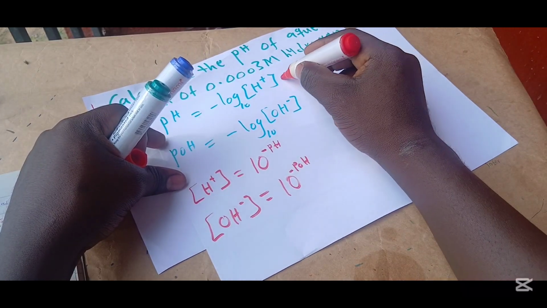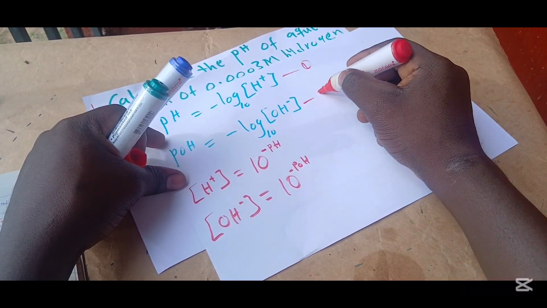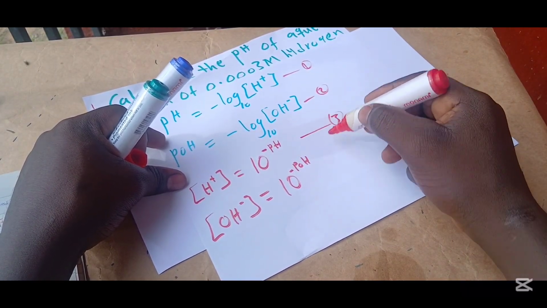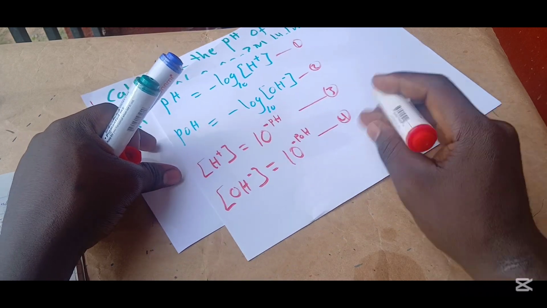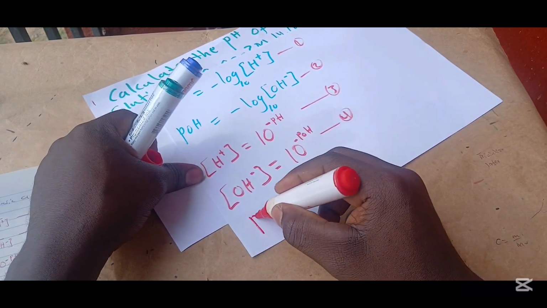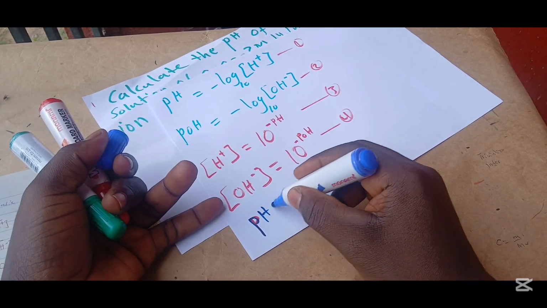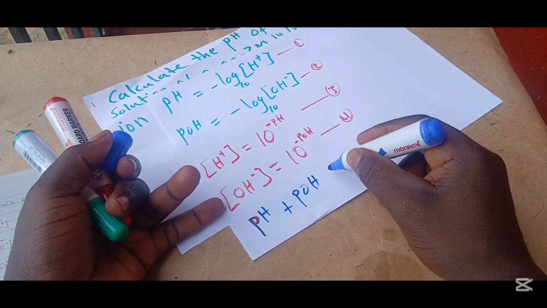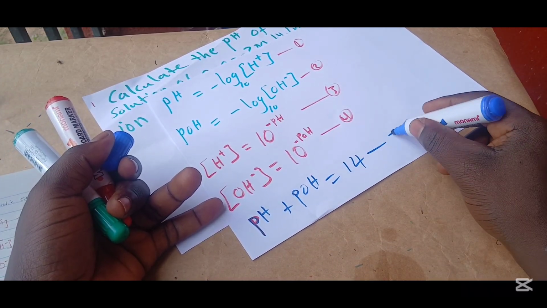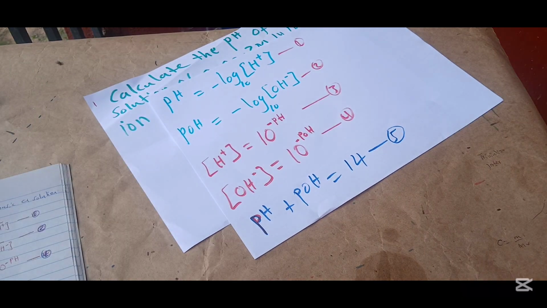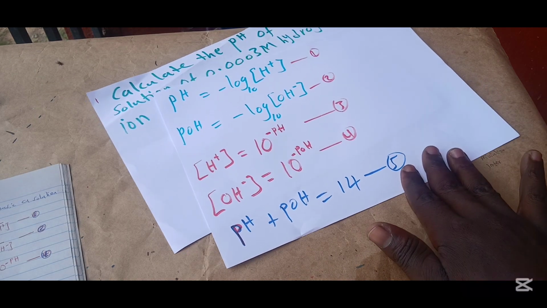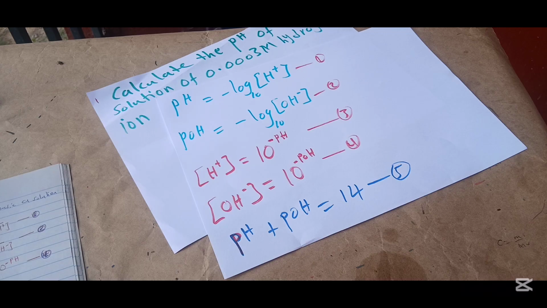Another formula, let's name this one, 1, 2, 3, 4, so the fifth formula is pH plus pOH should give you 14. So take note of these formulas very well.